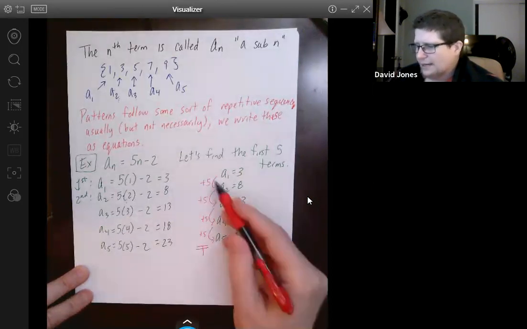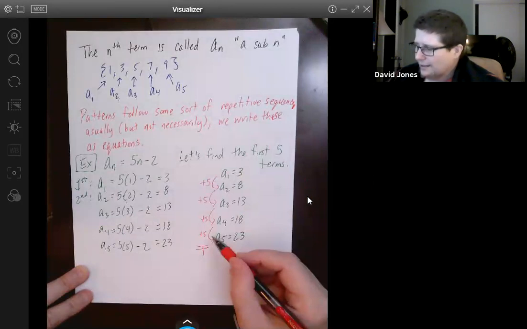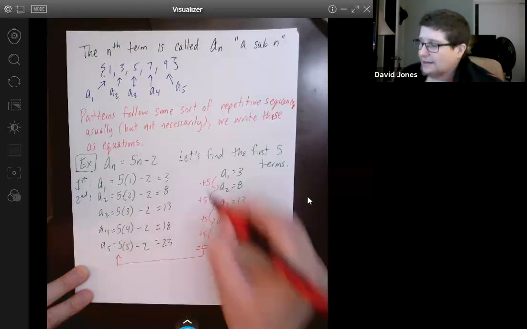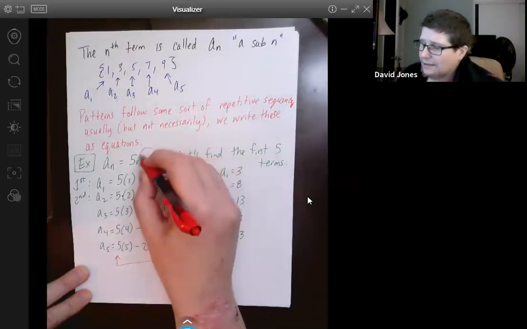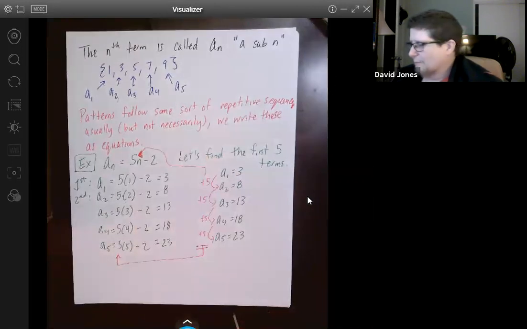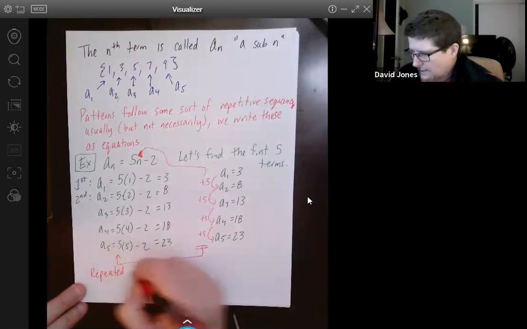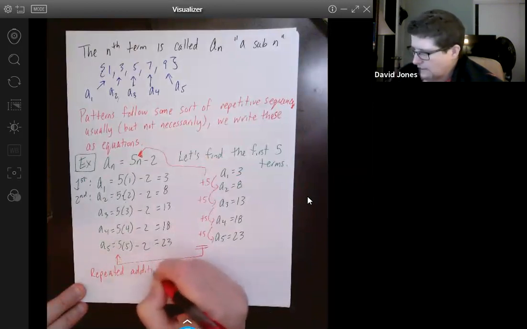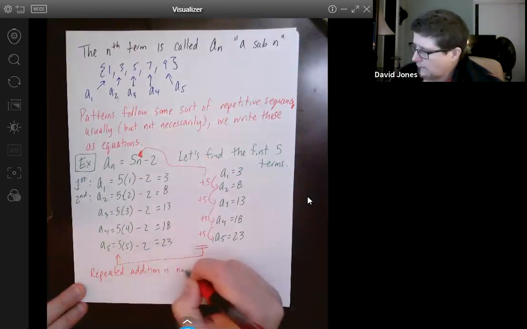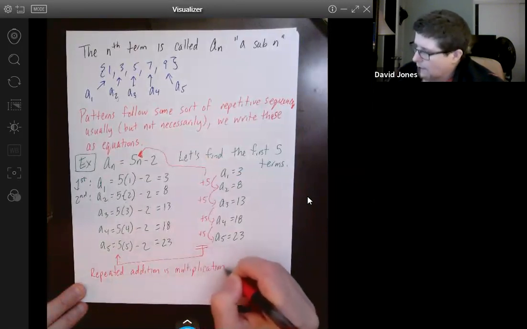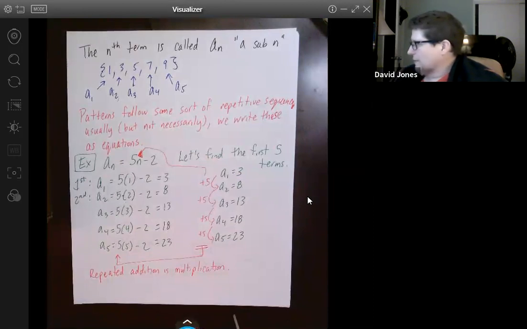Repeated addition is multiplication, and that comes in right there. Repeated addition is multiplication. You said that before. Let's write it down again, fresh in memory.